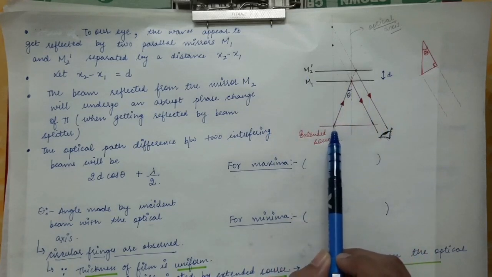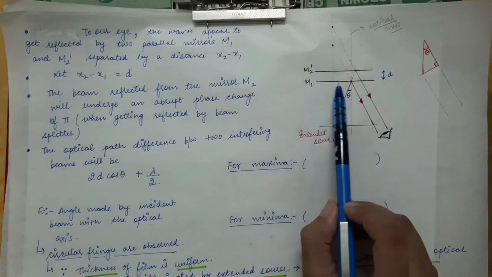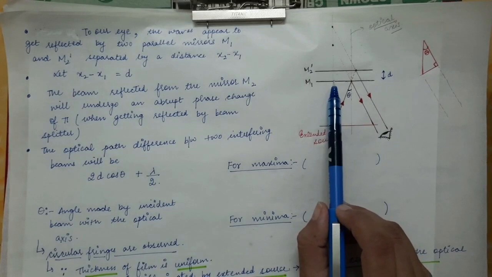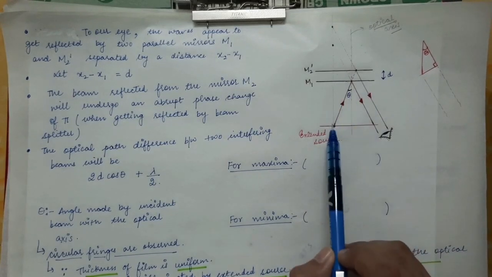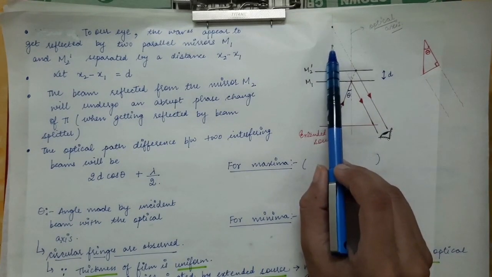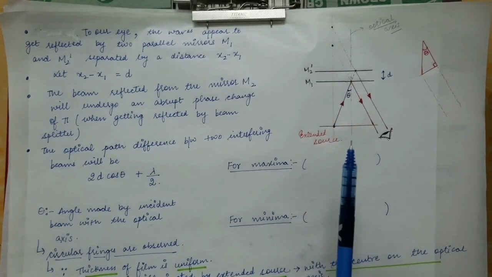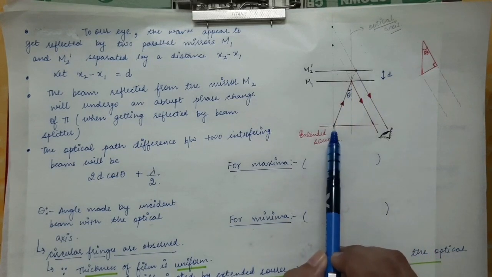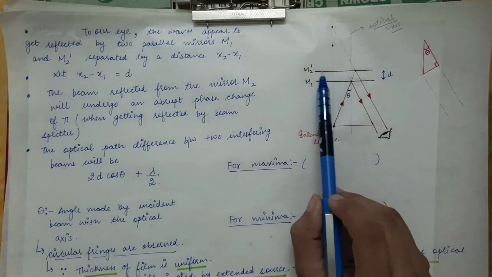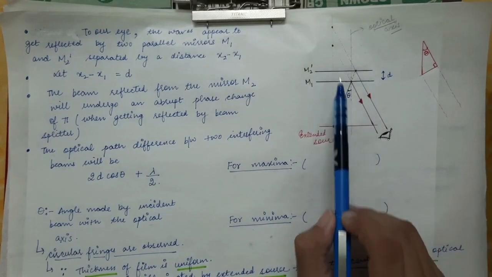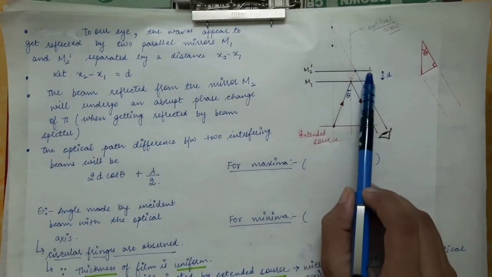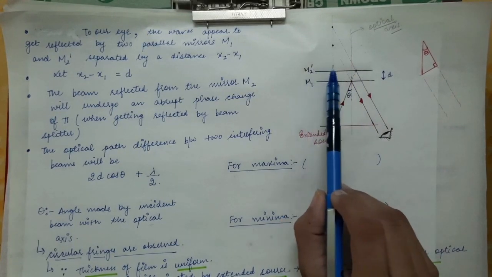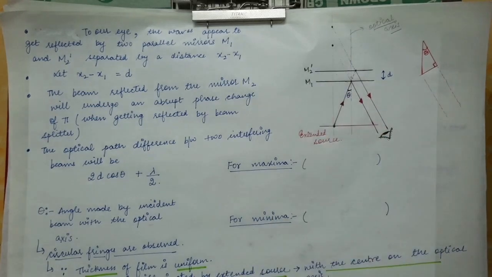The image of this source as seen from the mirror M1, if the source is, for example, 5 cm from M1, will also be at 5 cm from this mirror M1. Similarly, if this source is at 8 cm from M2 prime, the image of this source in the M2 prime mirror will also be at 8 cm.